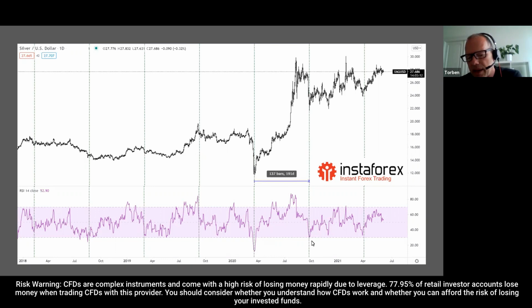You can see that you would always get almost the same bottoms in the RSI. So pretty neat. This cycle works for the silver, and we can work with this.